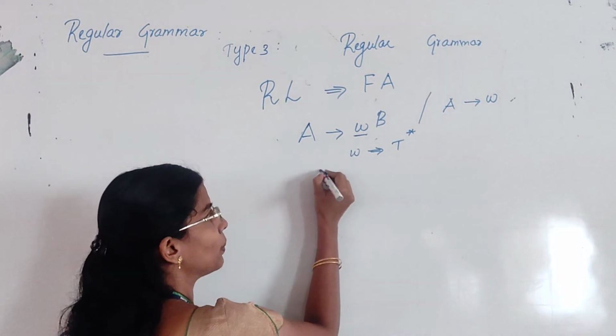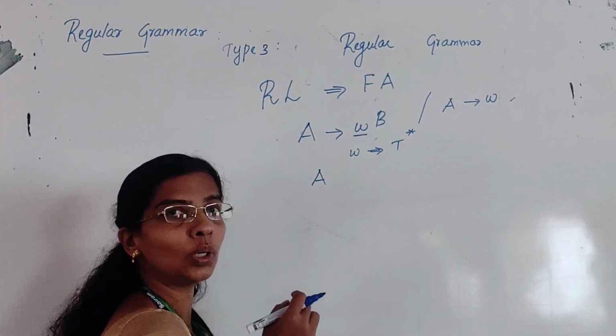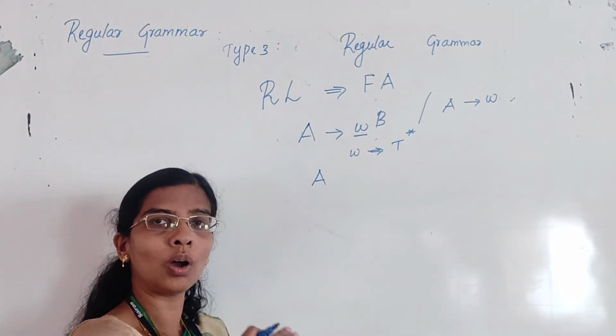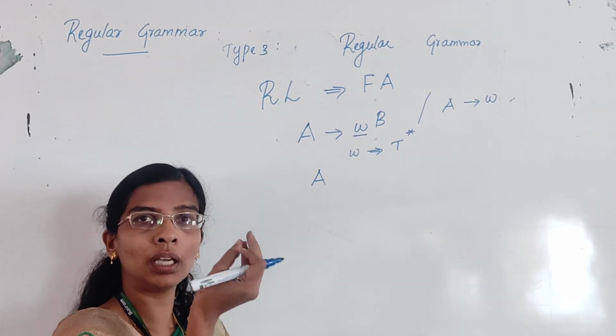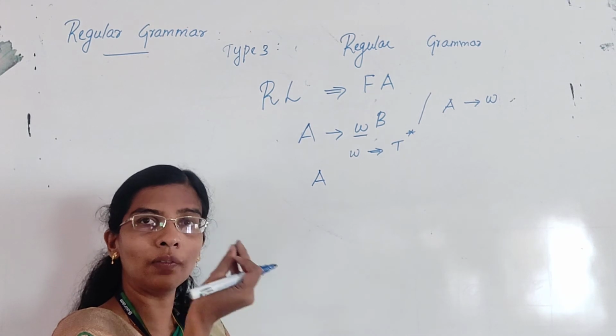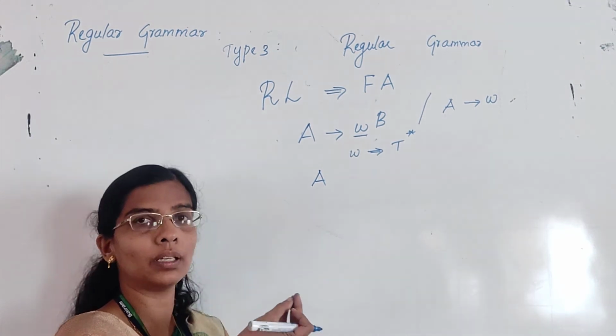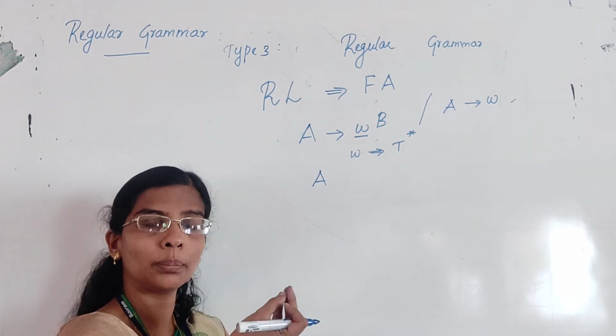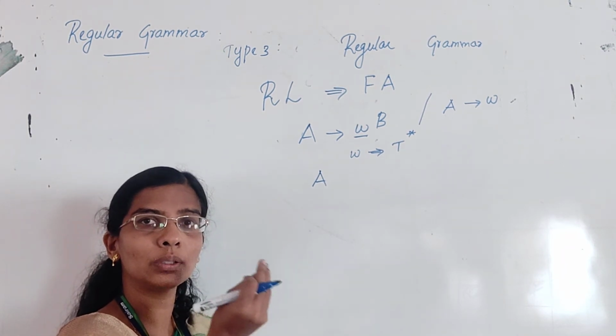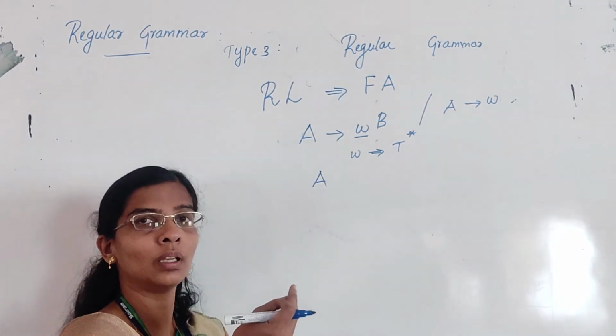I'll write some examples. Epsilon, all my operators, star, plus, slash, identifiers, everything is a terminal. Small case letters all belong to terminals. Only the capital letter is your non-terminal or variable.